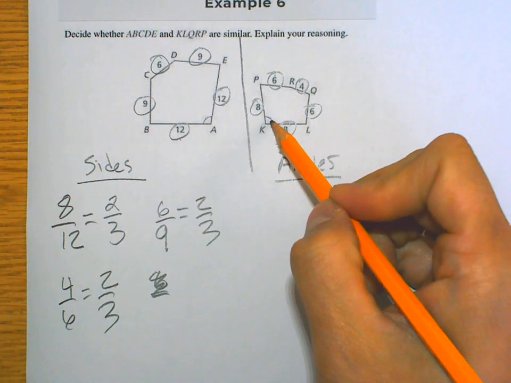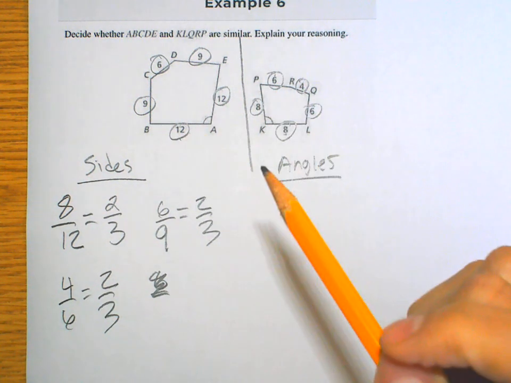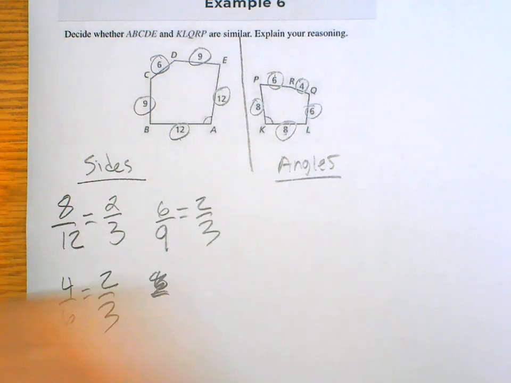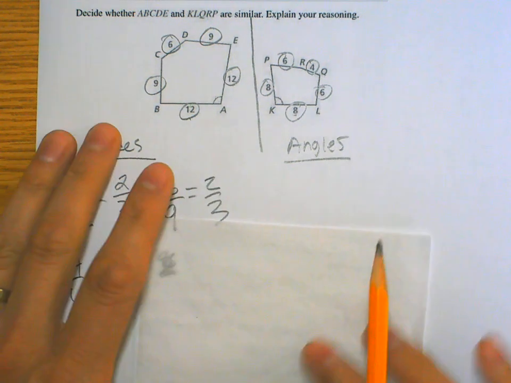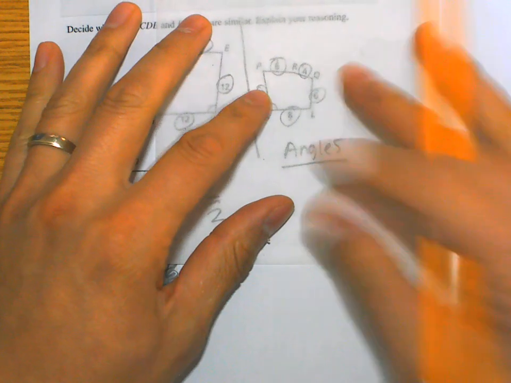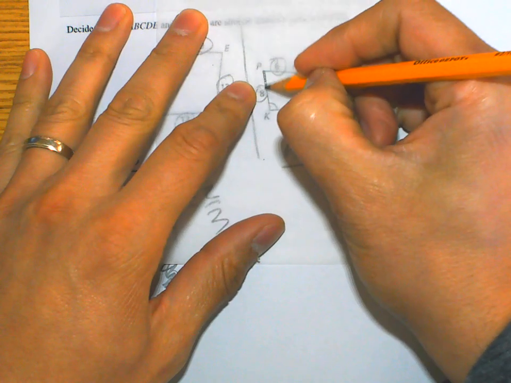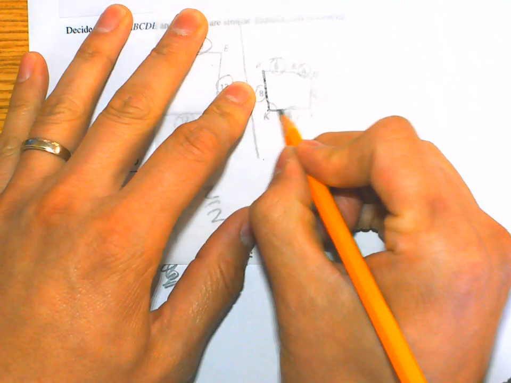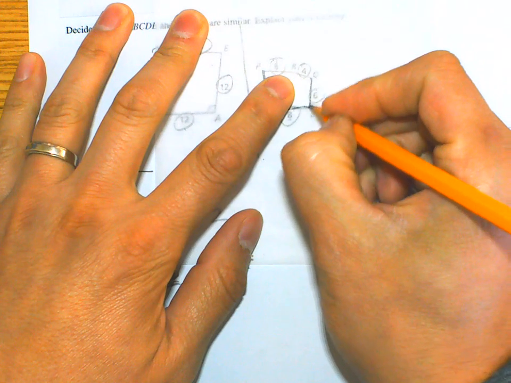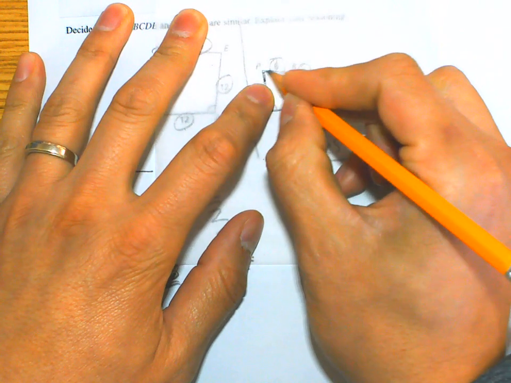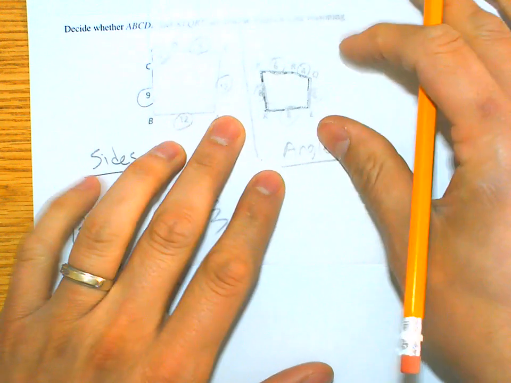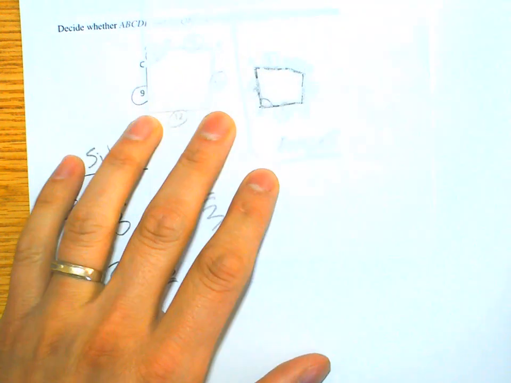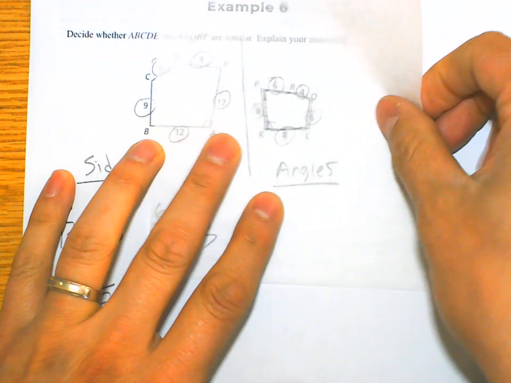This one's the same. Are the rest of them the same? Well, let's see. I grabbed a piece of patty paper, and I'm going to trace this. I'm going to trace this one here, that one there, and there. And I'm going to compare to see if these are true. What I'm going to do is flip it, because we did a little reflection. I know it's kind of hard to see on the video.